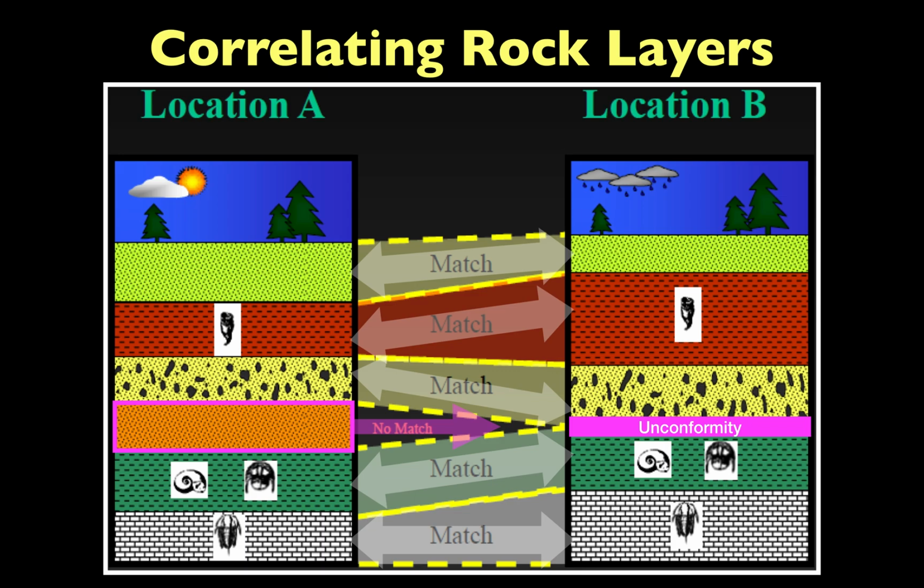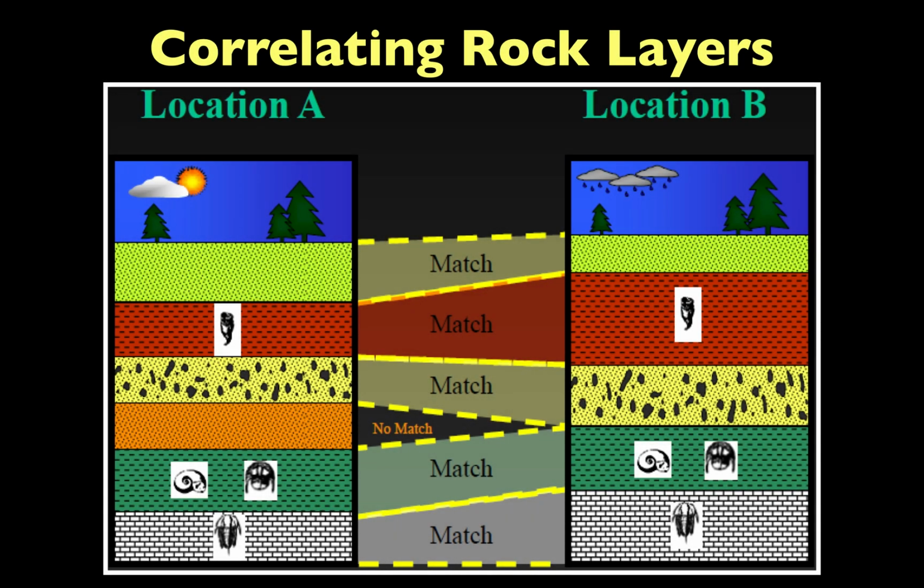If we did not correlate location B with location A, we would have no idea that location B most likely once had an orange layer. But because of uplift, weathering, erosion, and deposition, location B does not have that orange layer, and now there's an unconformity at that very spot, marking that something was erased from the geologic record.